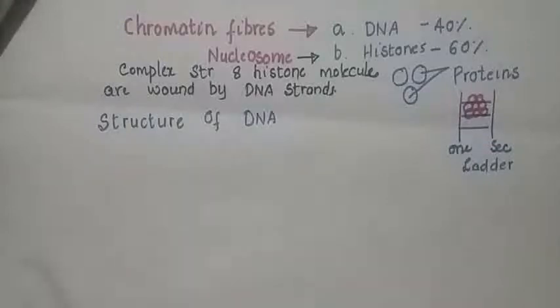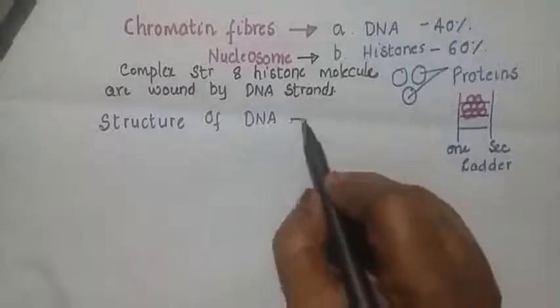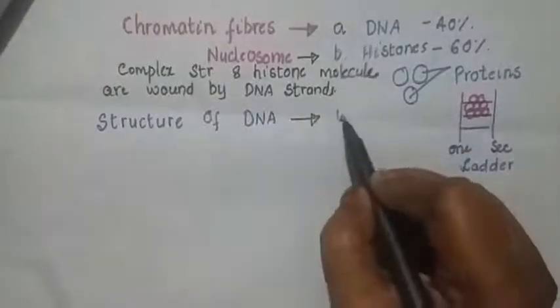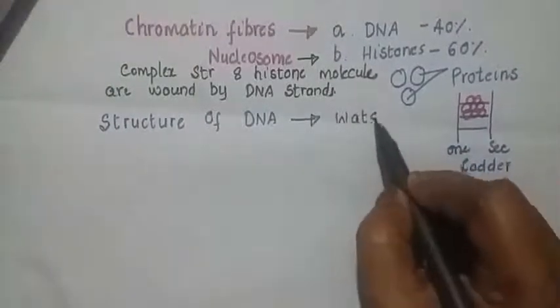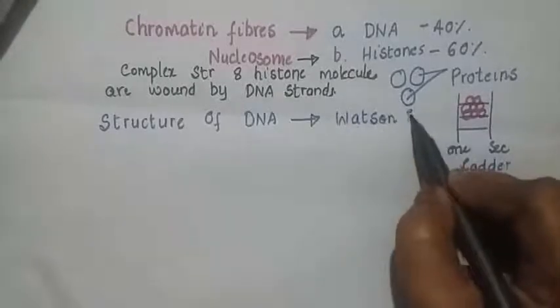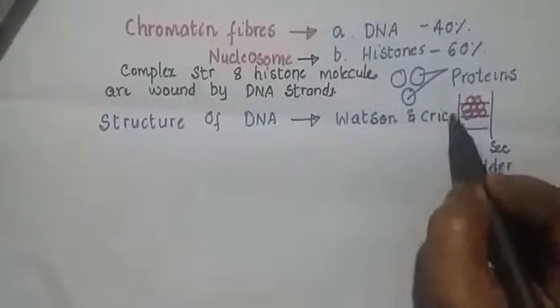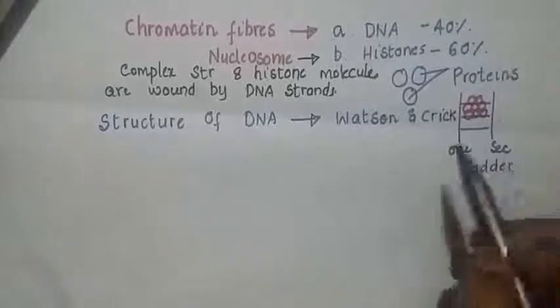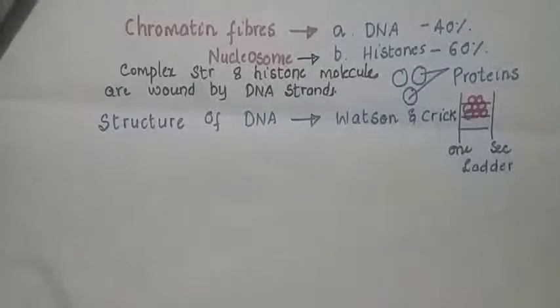This shape was first discovered by Rosalind Franklin, and later on the structure was discovered by two co-workers, that is Watson and Crick. So these are the two great scientists who discovered the structure of DNA.